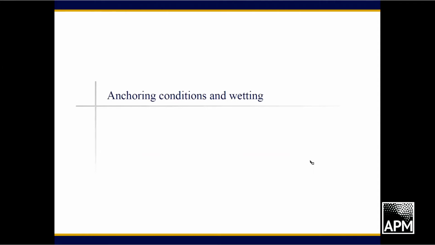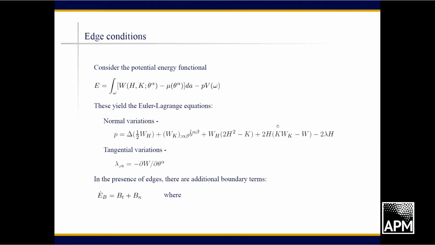Well, topics of interest in this subject include wetting of the substrate, for example, and associated boundary conditions. One can proceed instead of following the balance laws for a shell. One can proceed, of course, from a variational argument. The Euler-Lagrange equations are exactly as those we have stated a moment ago.